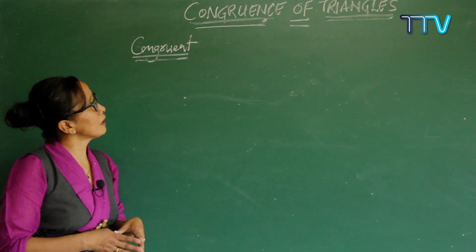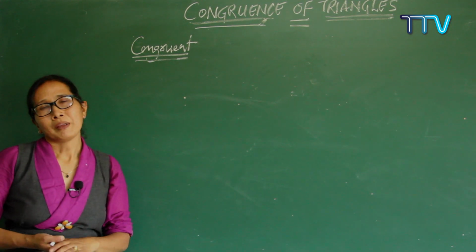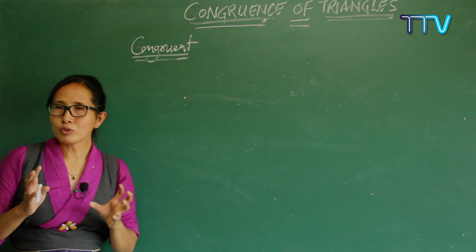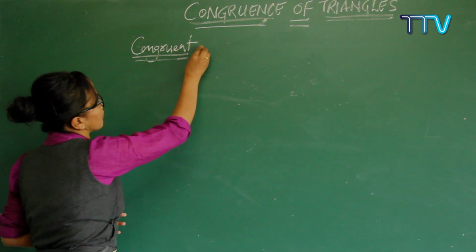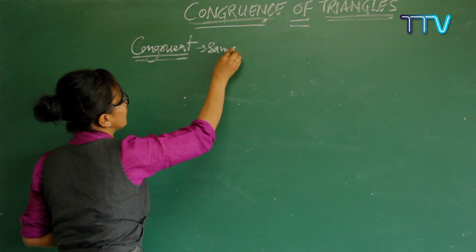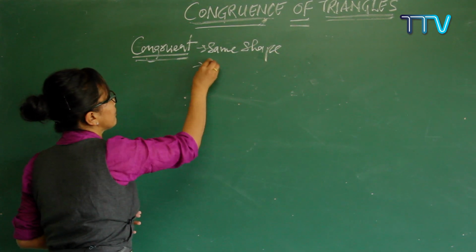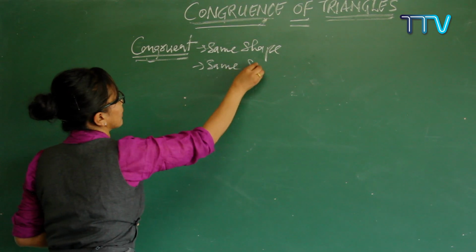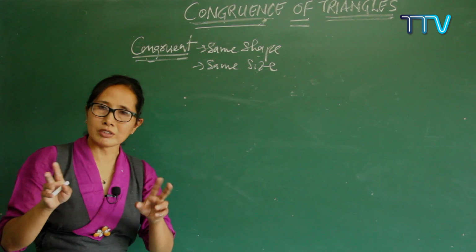Now see here, let me define this one. Congruence means, with two or more figures, two figures having the same shape and the same size, then we can call the two figures congruent to each other.